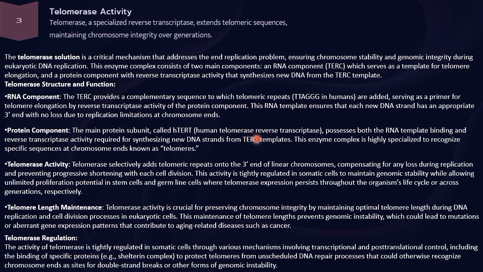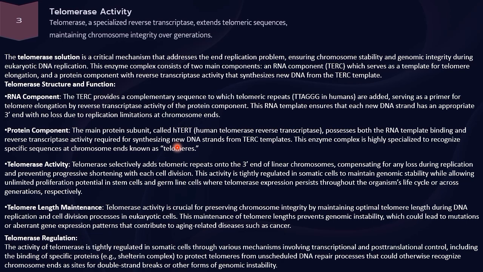What TERT does is it uses the RNA template, that is TERC, and synthesizes a complementary sequence of DNA, thus creating a specific sequence at chromosome ends known as telomeres. And these telomeres are then decorated by various proteins as I have mentioned earlier.